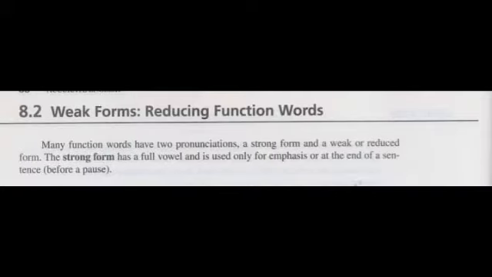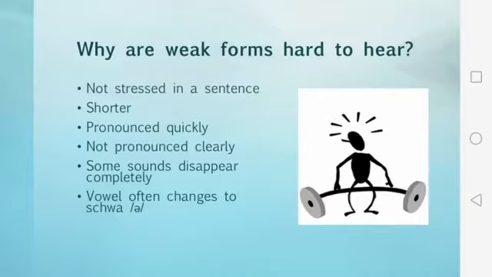Many function words have two pronunciations, a strong form and a weaker reduced form. The strong form has a full vowel and is used only for emphasis or at the end of a sentence before a pause. Why are weak forms hard to hear?